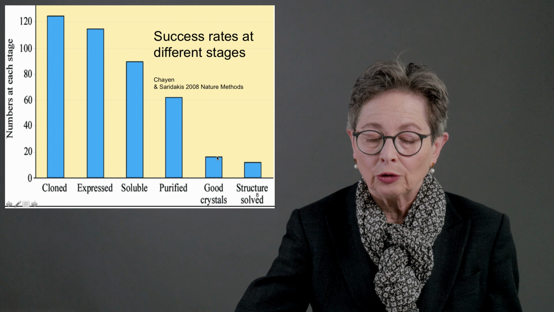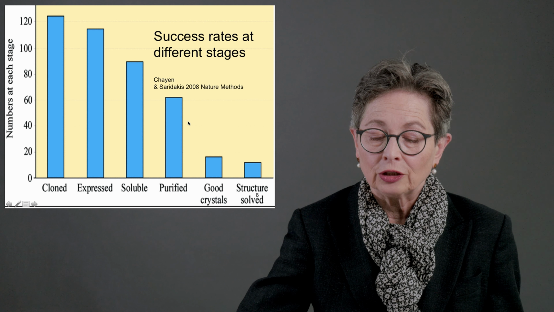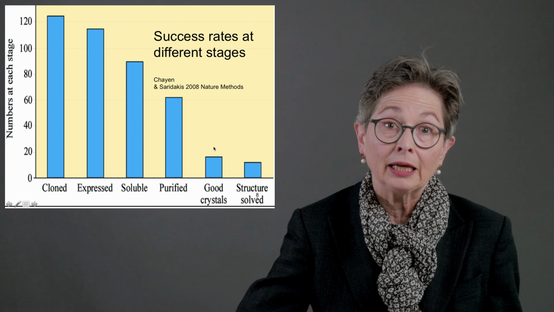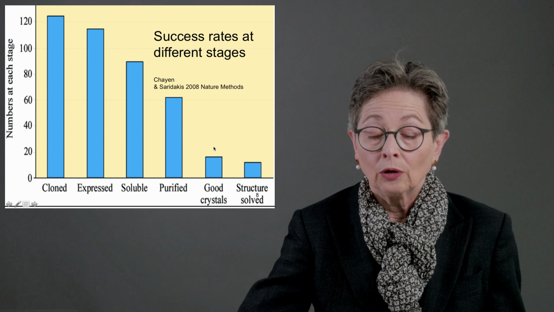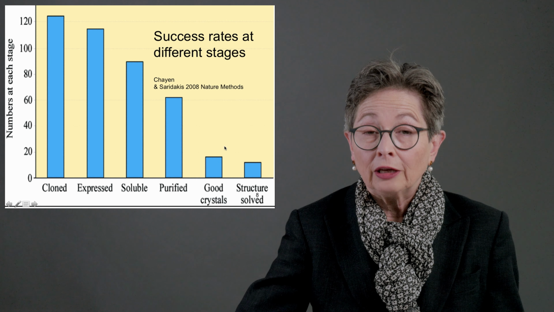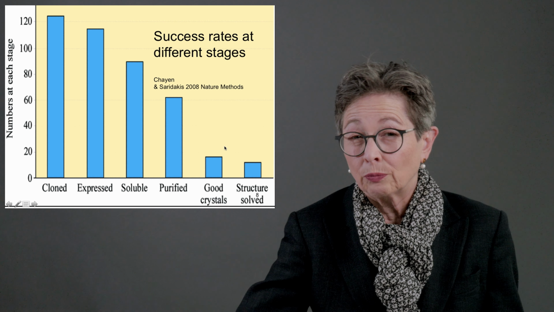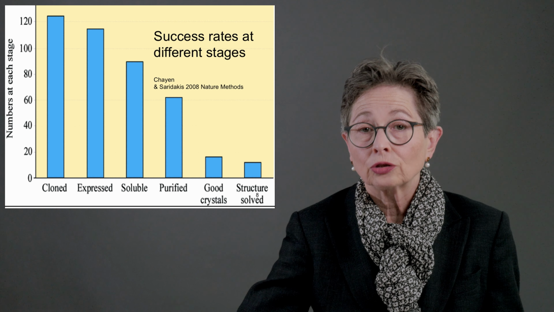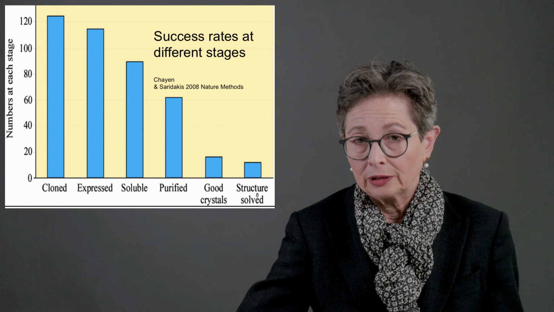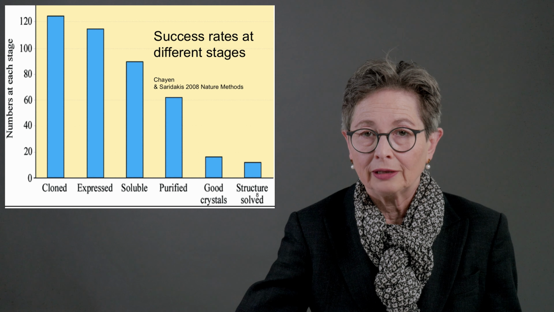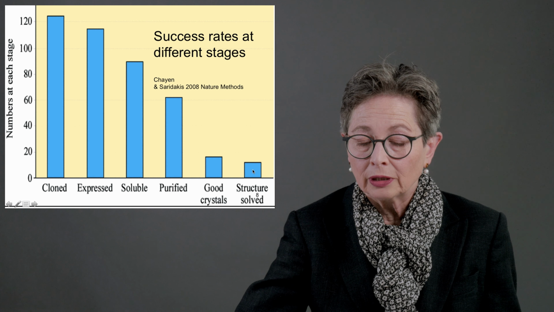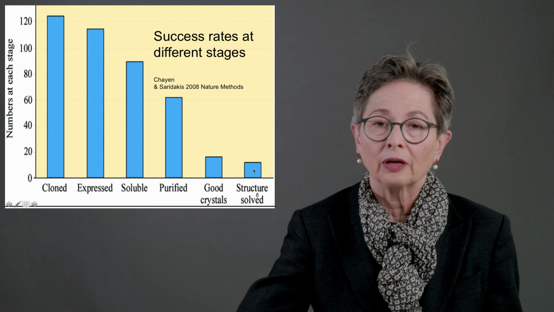But here, as you can see, the big drop-off is between this step and this one, getting the good crystals. In fact, only about 20% of the proteins that you start with are soluble and will crystallize. There's a big drop-off right there. But here's the good news. This is the good news, this bar there.